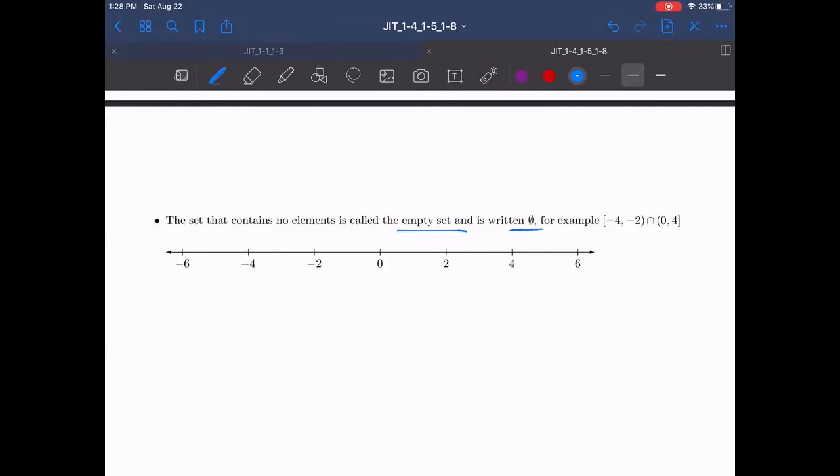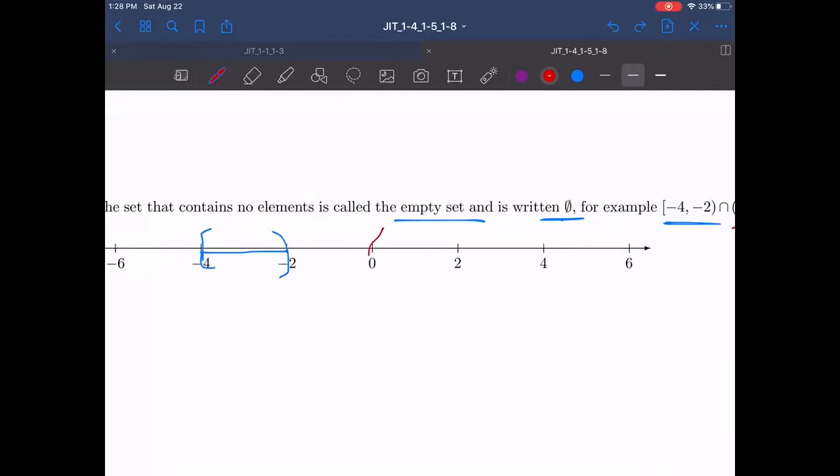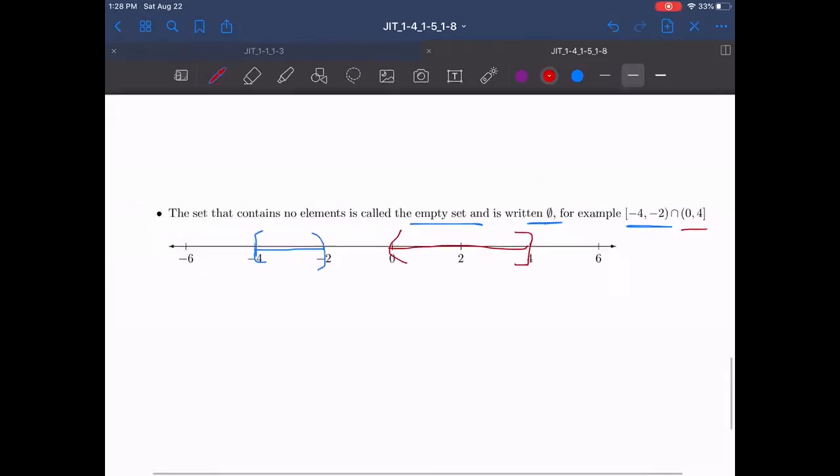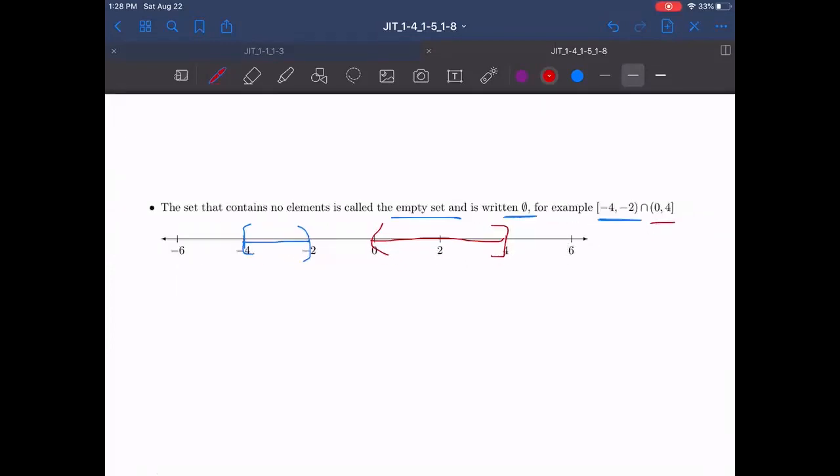For example, if we took the intersection of these two intervals, -4 to -2, and 0 to 4, we're looking for all the elements that are in both. Now there is no overlap here. So that's what we call the empty set.